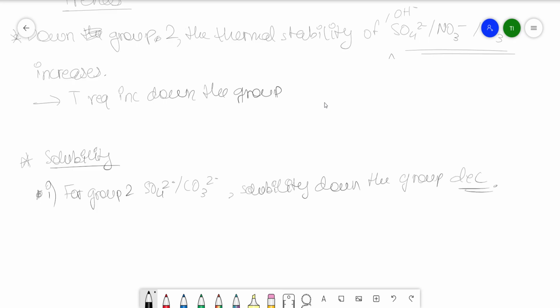And the reason for this is mentioned in your A2. It has something to do with H-hyd, H-sol, and H-lat. Don't get scared by this, it's a pretty simple answer, but it's in your A2 syllabus. So for now, just remember that for group 2 sulfates and carbonates, the solubility down the group decreases.